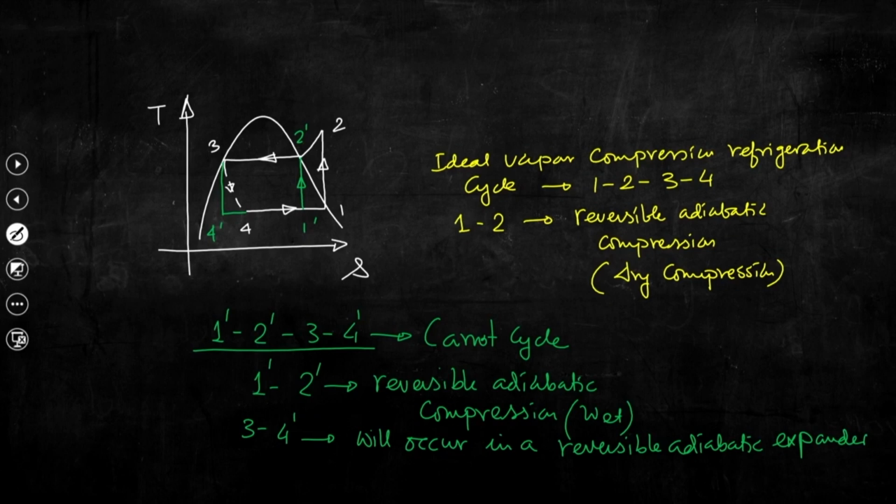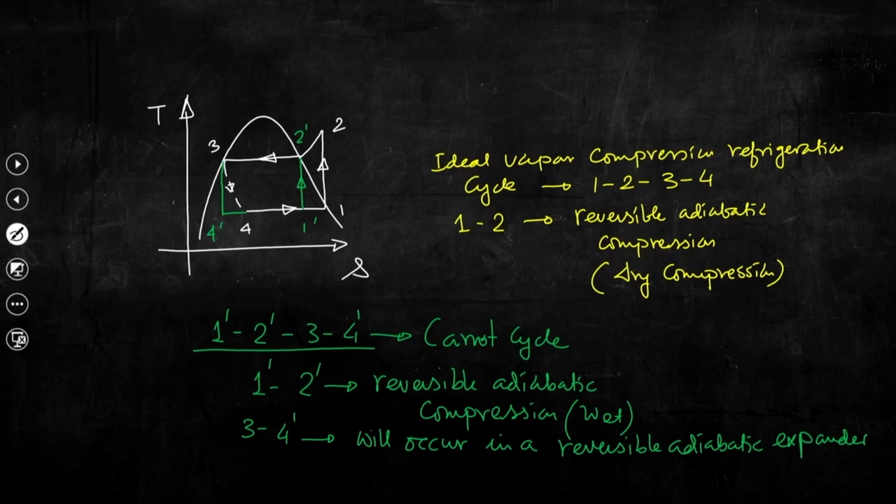So, why is Carnot cycle not preferred? Because the most important part is this compression process, that is wet compression. What will happen? Because we know compressibility of liquid and vapor is not the same.